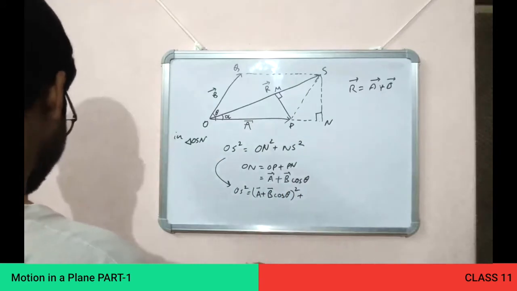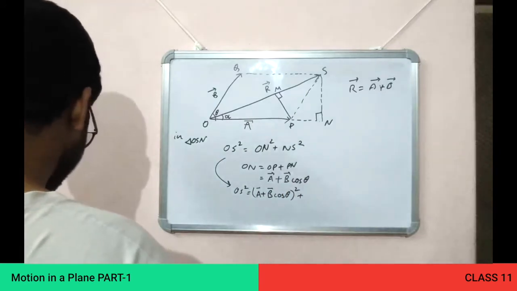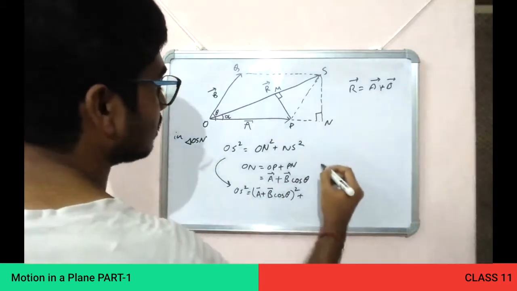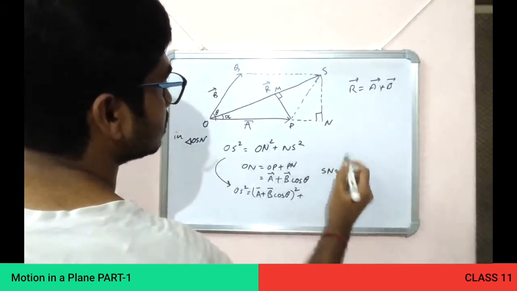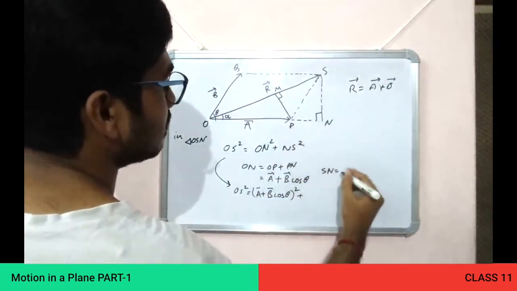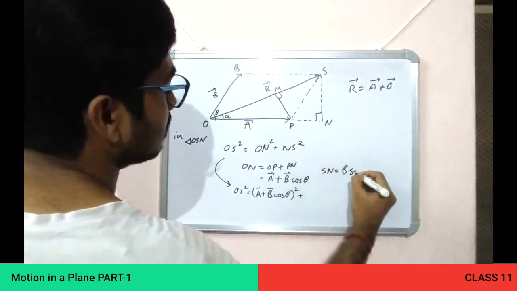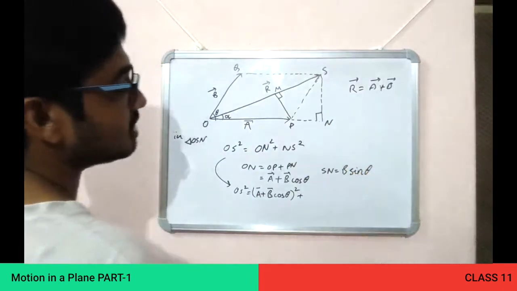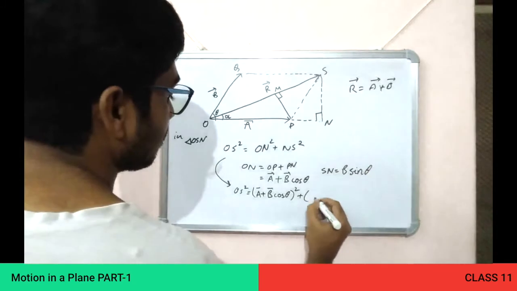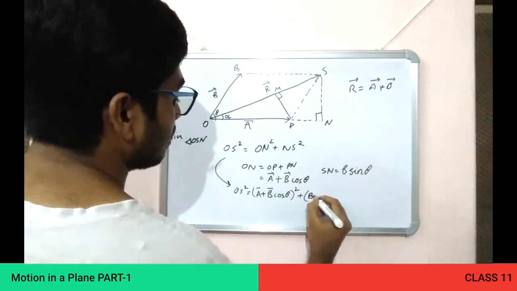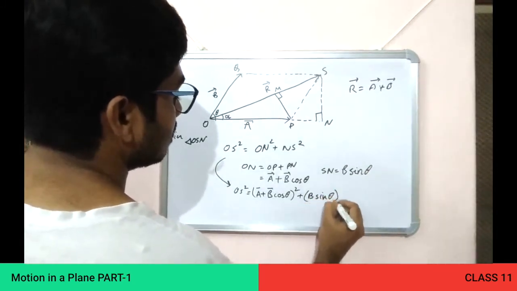What is NS? Here NS is equal to B sin theta, that is the height case. This calculation comes from trigonometric knowledge. (B sin theta) whole square.